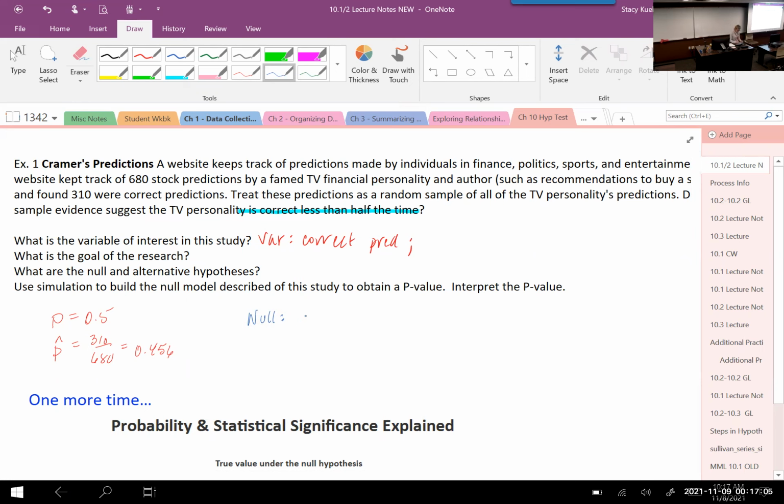Our null would be that the TV personality's predictions are correct half the time. Meaning H sub naught is represented by p equal to 0.5.